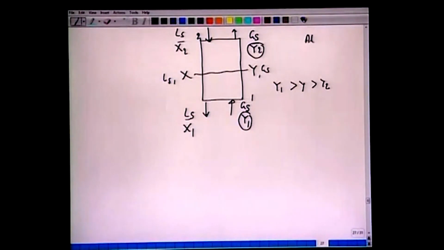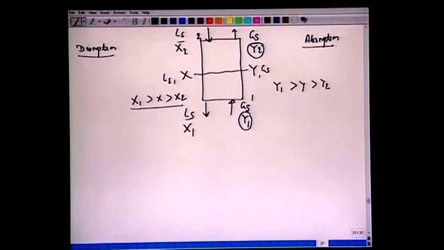So it's essentially an absorption column. Just the reverse of this would be a desorption column or stripping. There we have a liquid which is of very high concentration. Here, if you go by absorption, we have the concentration X1 greater than X greater than X2.